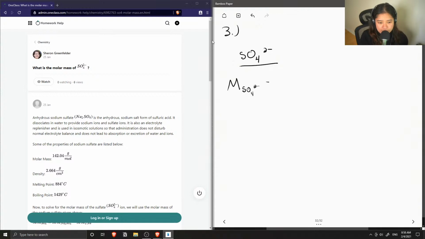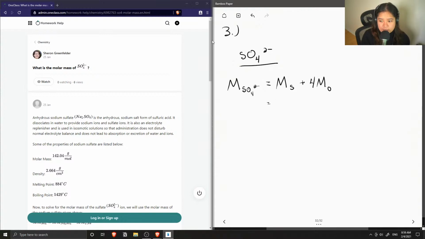So to solve for the molar mass, we need to find both the molar masses of sulfur and oxygen. So it's going to be equal to the molar mass of sulfur, which you can just find on your periodic table, plus 4 times the molar mass of oxygen.